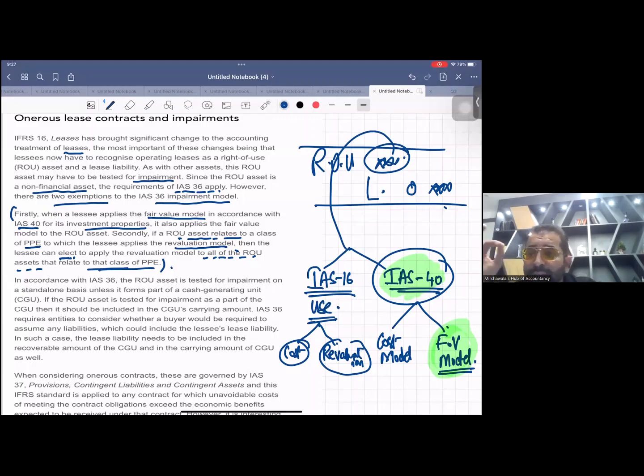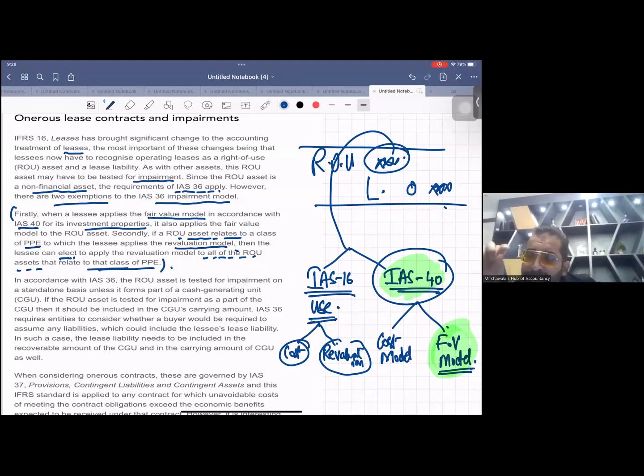So now just think, today you have taken an asset on lease. That asset belongs to IAS 16 because you have taken it for usage. And that asset falls in the class of asset on which the revaluation model has already been applied. So obviously now you have to apply the revaluation model on this as well.